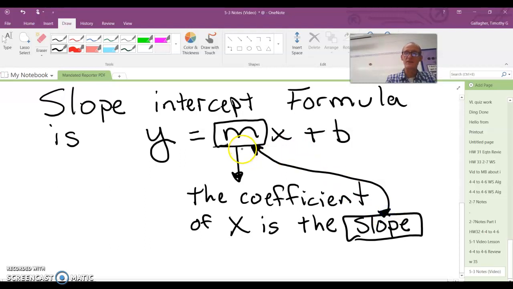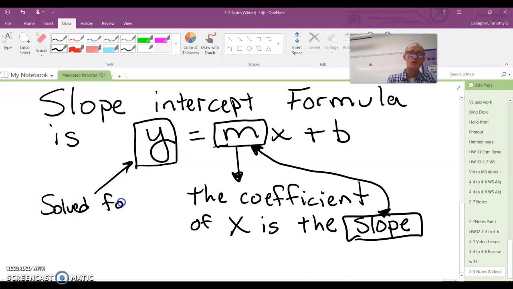Whatever number you get there, that's the slope. And notice that y is by itself. This is solved for on the left side of the equal sign.